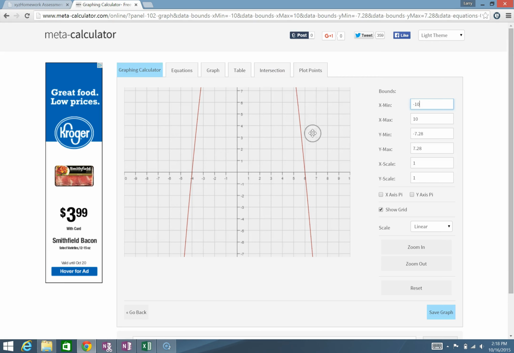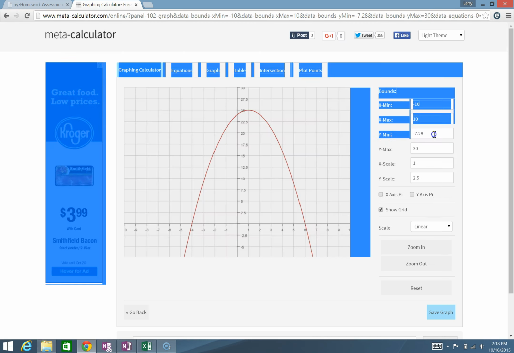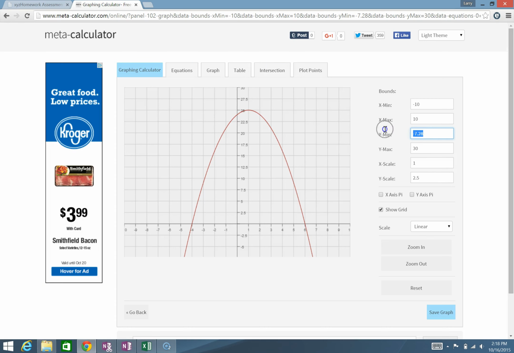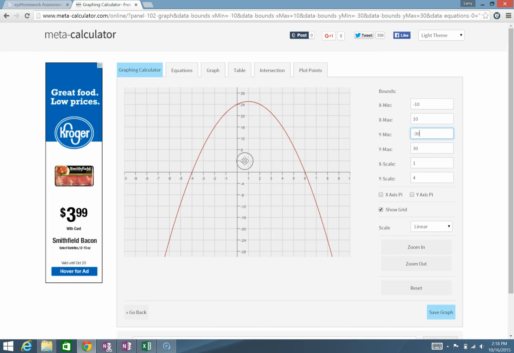And here you can see that it is opening down, as we noticed, but we can't quite see the vertex. Well, how we can do that is to change our y scale. I want the maximum y to be 30. Let's make the minimum y here negative 30. Now we can see our graph, and you can see the vertex right there.